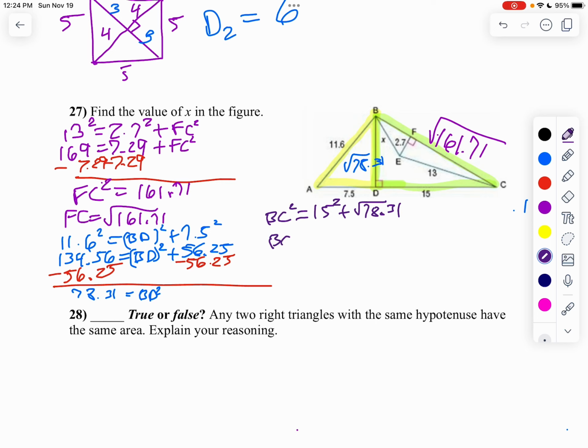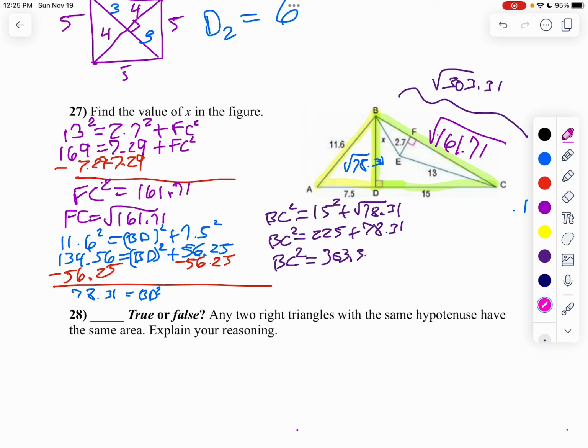So in other words, BC squared equals 225 plus 78.31. So BC squared is going to be 303.31, or BC is going to be the square root of 303.31.